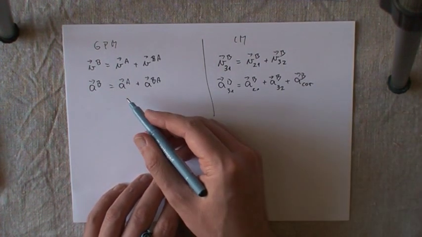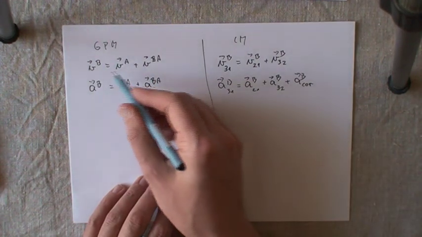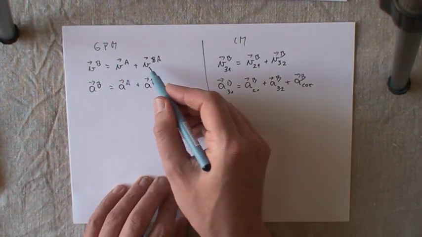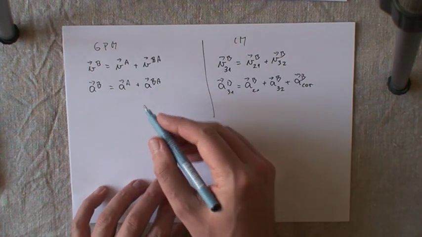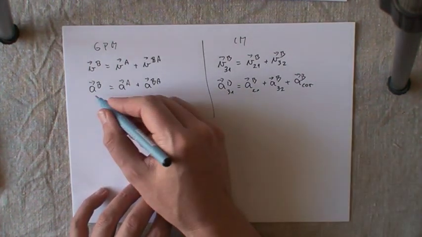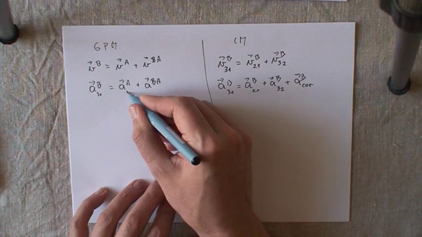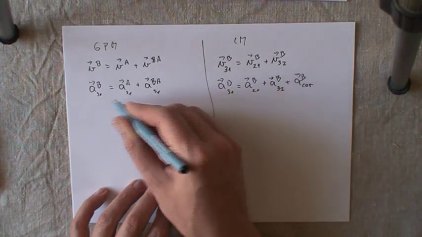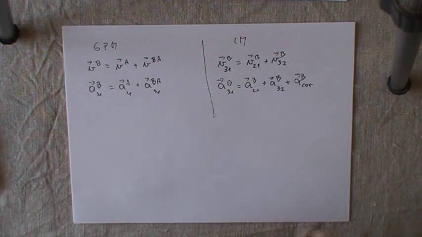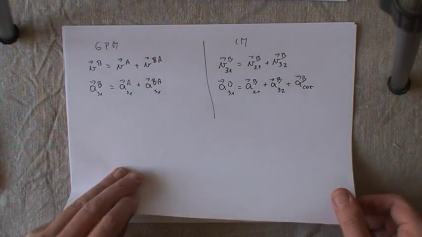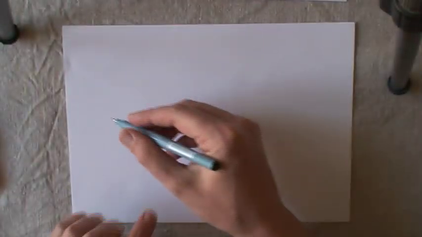Okay? So in here we don't have any indexes because all these motions are absolute motions. If we insisted, then we could put 3, 1, 3, 1, 3, 1. All of them are the absolute motions. Okay, so let's hope that it will be more clear from the example.